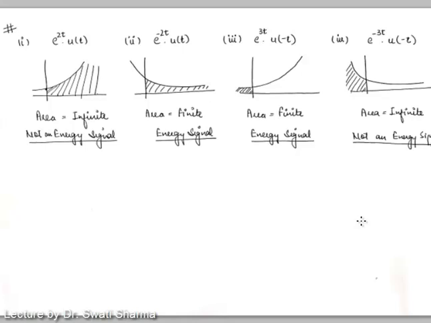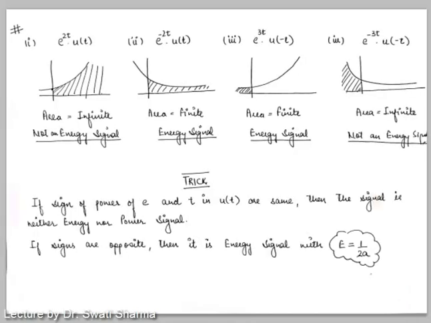And now comes the time for the trick. The trick is very simple, so it will reduce the time required for solving the questions from seconds to a fraction of a second. Whenever you have been given an exponential signal which is being multiplied by a unit step signal, you have to apply this trick.